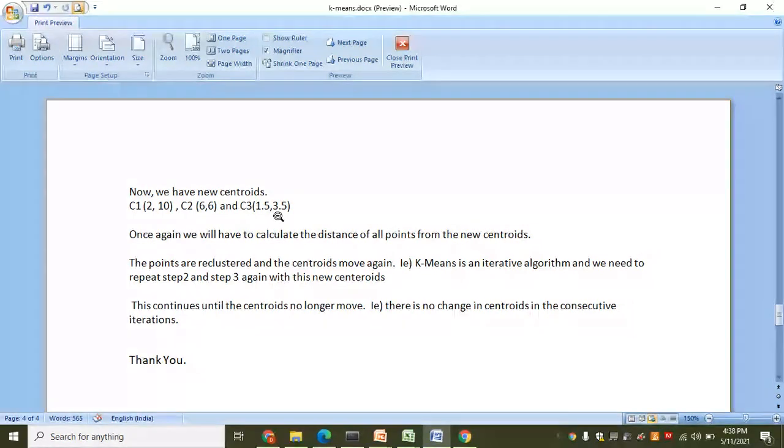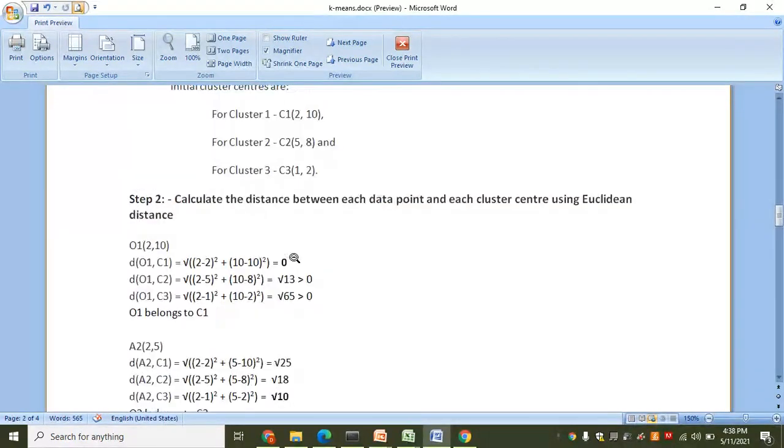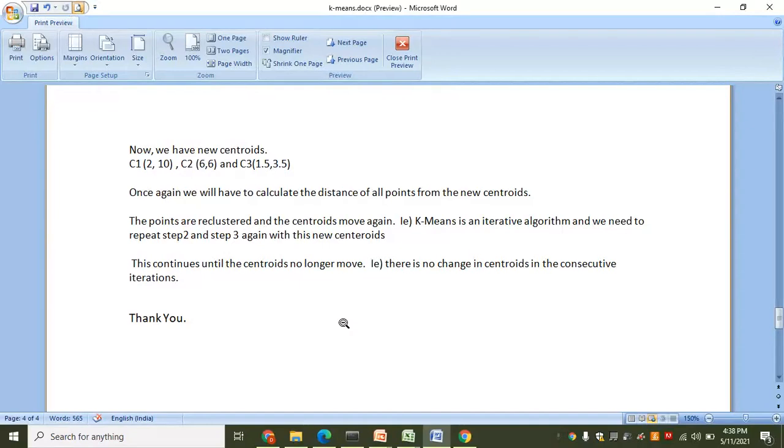once again we have to calculate the distance of all points from the new centroids. See, in this step 2, we were calculating the distance between each data point and the center, right? So similarly, with the new centroid, we need to calculate the distance of each and every data point. And then the points are reclustered and the centroids move again.